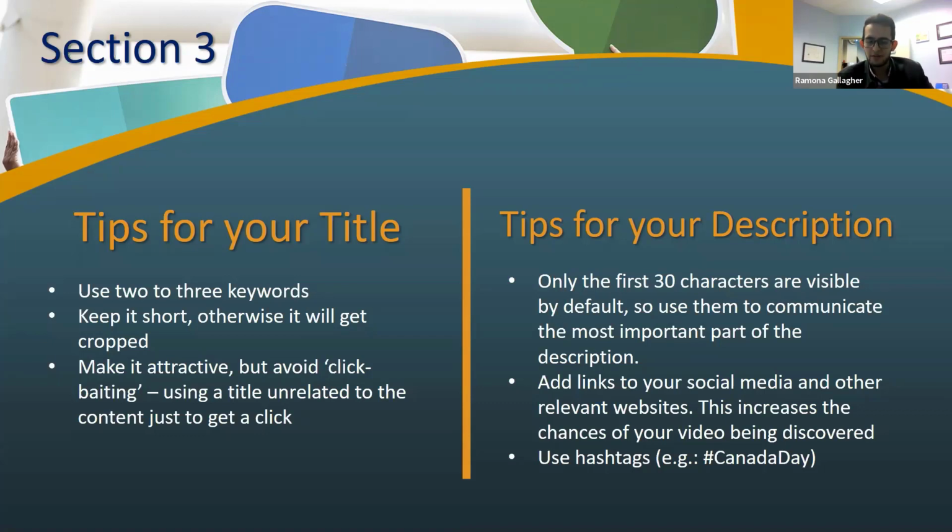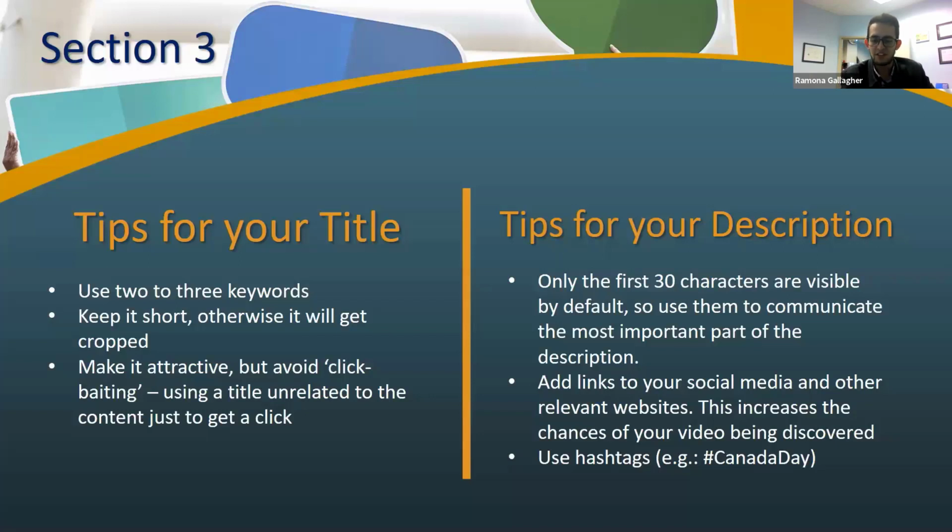Now, when you are doing a description, you can also use hashtags in YouTube. Hashtags are really useful because that's going to allow people to find videos based on their interest. So for example, you uploaded a video about Canada Day, and then you use the hashtag Canada Day in your description. Everyone that is following that topic and that is interested in Canada Day is going to be notified that you uploaded a video about Canada Day.